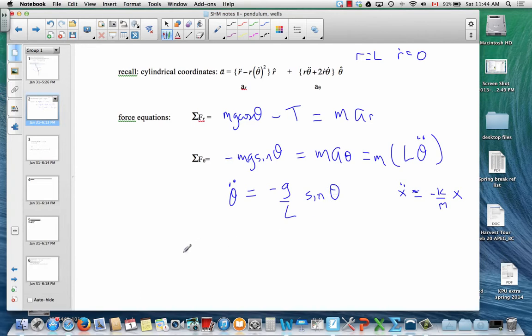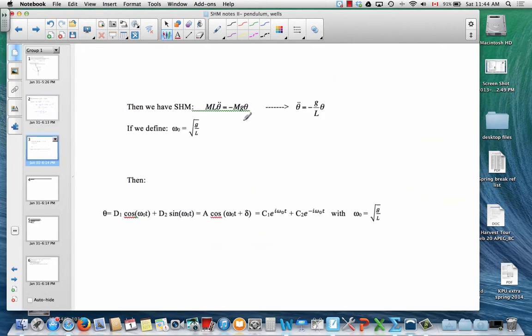Well, in the small angle approximation, for very small angles, because of the Taylor series for sine, sine of theta is approximately equal to theta. So as long as we're dealing with small pendulum motion, we can replace sine theta with theta, and then we do indeed get simple harmonic motion. We get the same differential equation we had earlier.